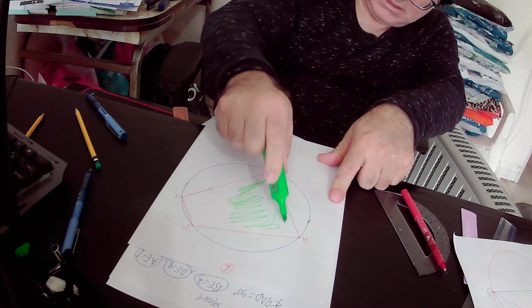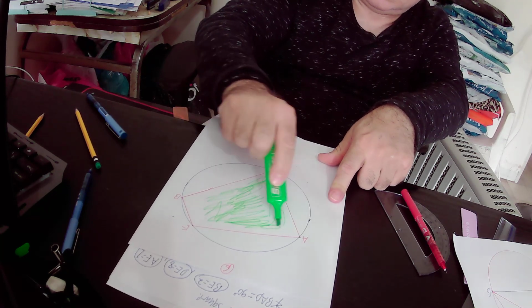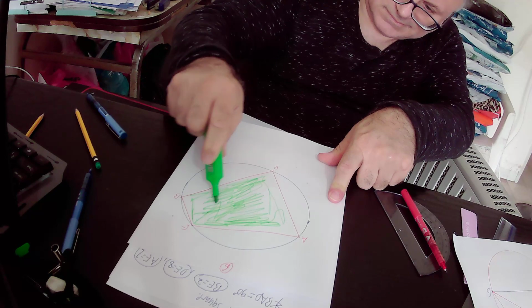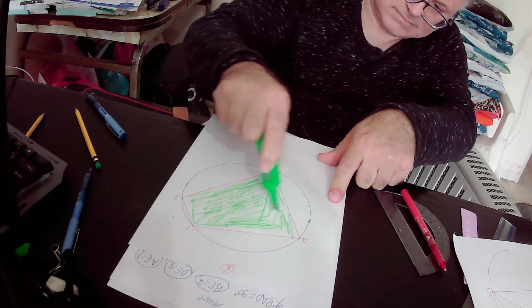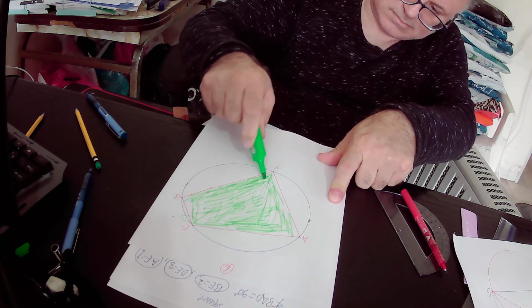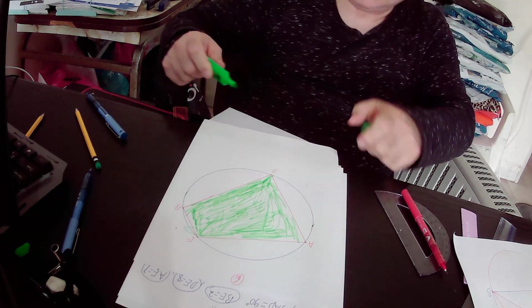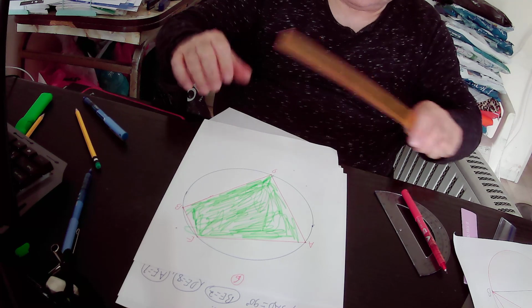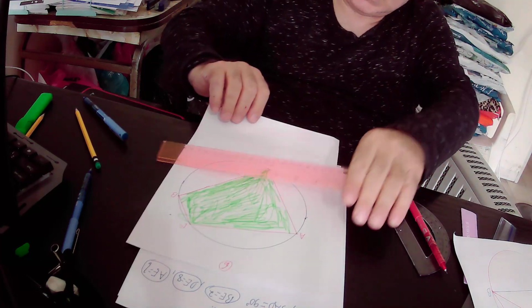Quadrilateral AEBD is inscribed by this blue circle, we have here angle BAD that equals 90 degrees.